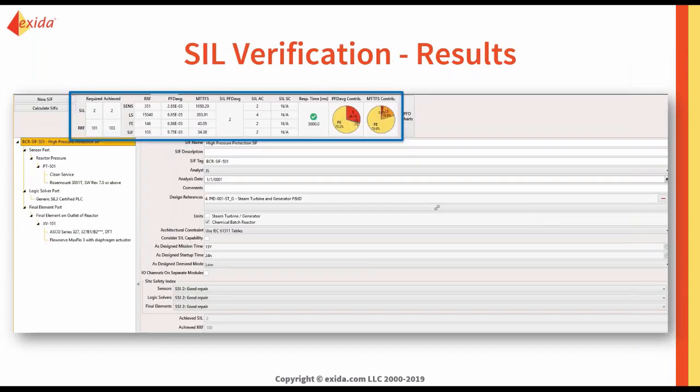Finally, when your SIL verification is complete, you have your results. You can see here we have the requirement listed, and then our result, the achieved SIL and risk reduction factor.